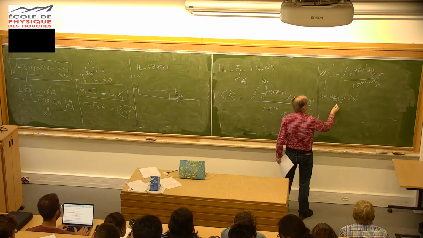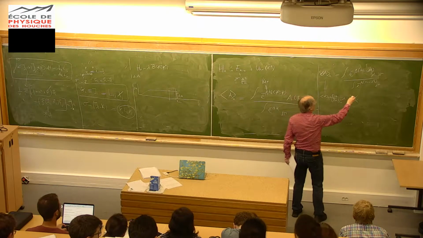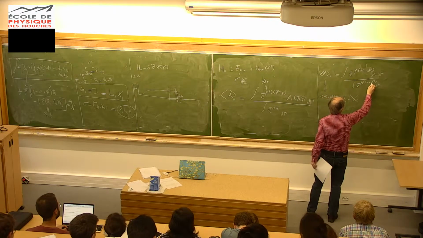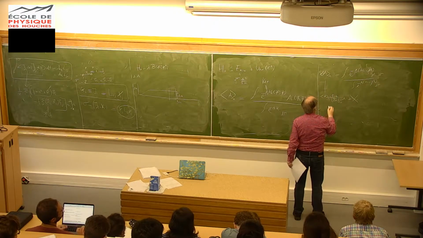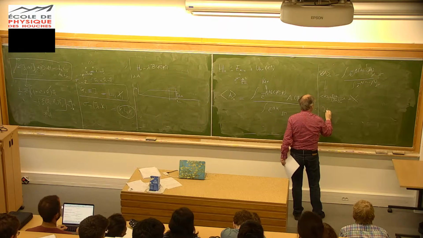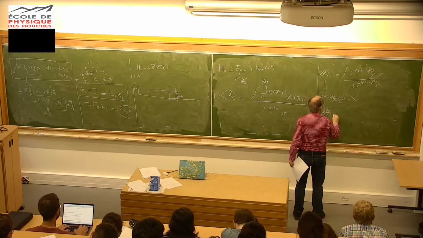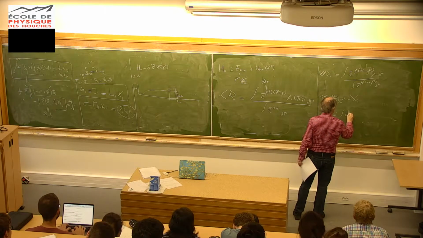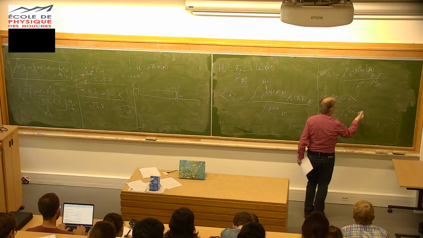And then you can say, okay, let's compute this. So we have to compute this average. So if you differentiate with respect to lambda, you see there's a lambda here and there's a lambda there. So let's do it. So dA d lambda is equal to, well, first e to the power minus beta H0 minus lambda B. I will take the lambda to 0 at the end, so it's still there.